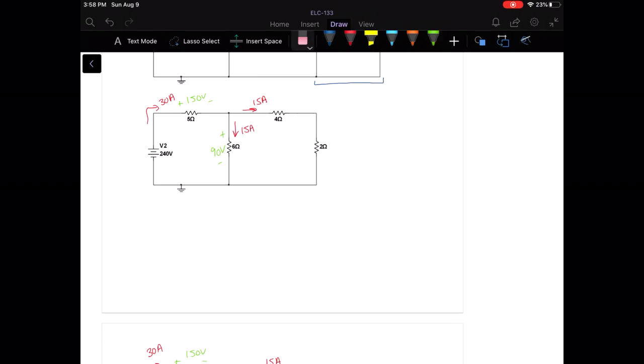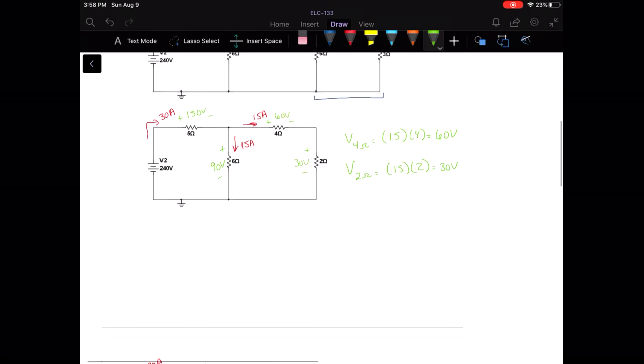So how are we going to find the voltages across each? Well, we have the current, so we are going to use the current to find the voltage drop across the 4 ohm resistor and across the 2 ohm resistor. Same current through each because they are in series with each other. 60 volts and 30 volts there.